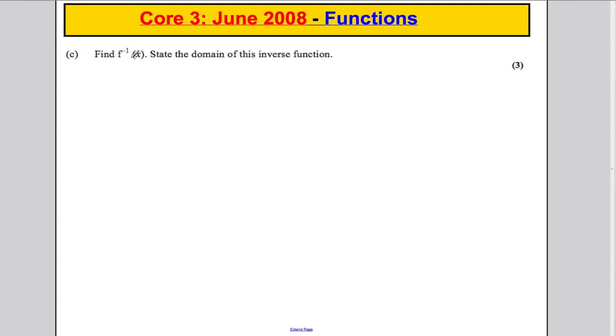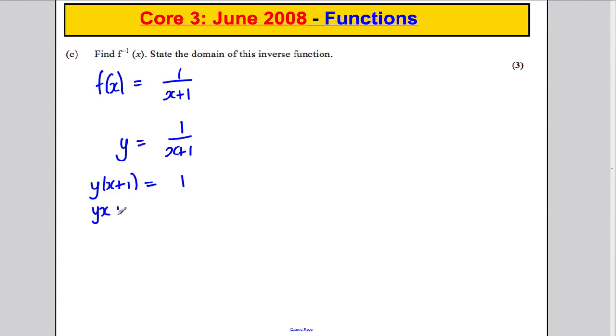Next, find the inverse of f and state the domain of the inverse function. Remember, f of x is given by, an easier way of dealing with it, 1 over x plus 1. We're asked to find the inverse function. So you let y be f of x. You rearrange to make x the subject of the formula. So you multiply both sides by x plus 1.